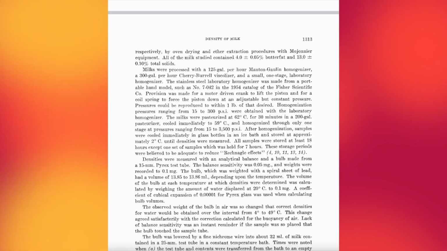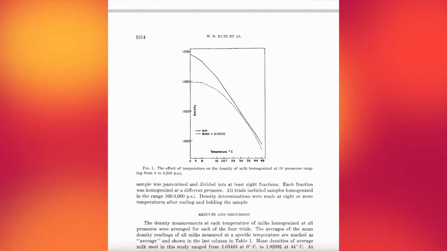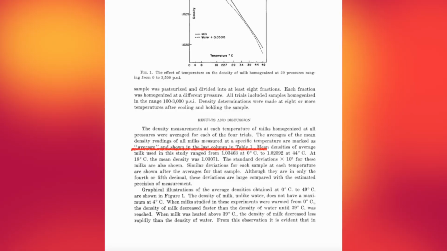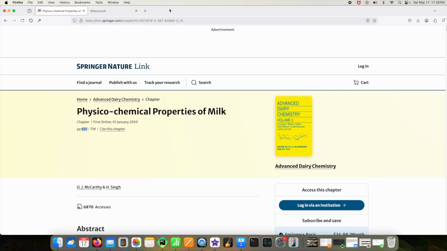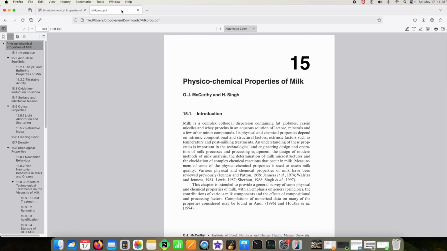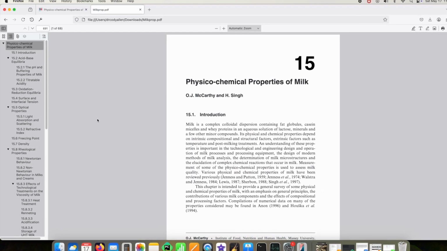Let's start by looking at one of the most cited journal articles for milk density, published in 1955. We see the range is approximately between 1.021 to 1.035 grams per milliliter. But this is a pretty old result, so let's check out a result from 2009, from the Book of Advanced Dairy Chemistry.